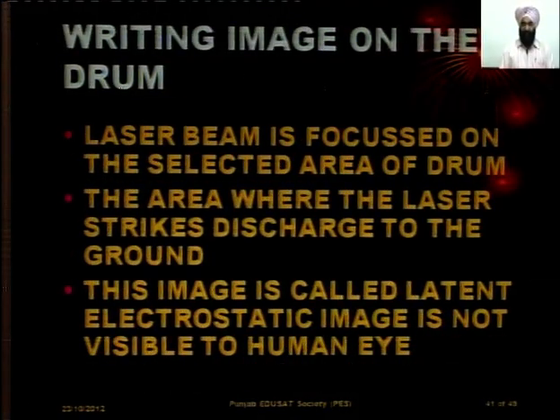Then writing the image on the drum. The laser beam is focused on the selected area of the drum. The area where the laser strikes discharges to the ground. This image is called a latent electrostatic image and is not visible to the human eye.